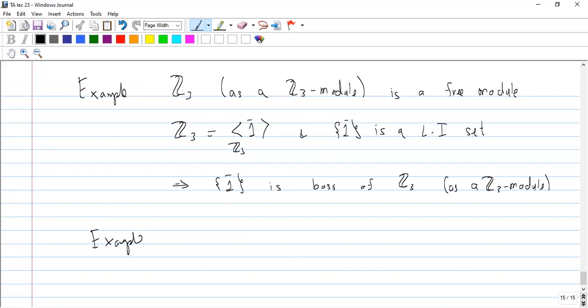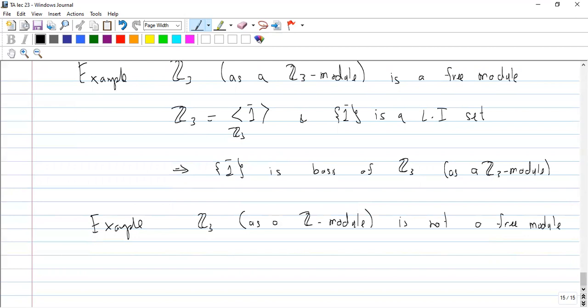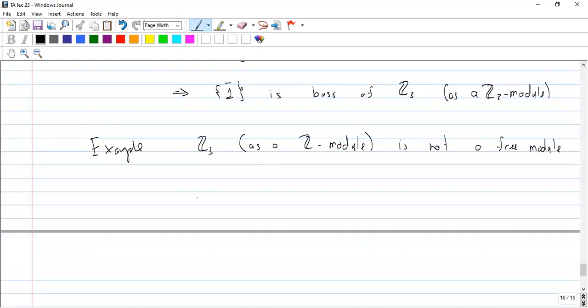But Z3 as a Z module, as we already saw, is not a free module, which I defined earlier, because whenever I take any generating set of Z3 as a Z module and multiply it by n, what will the answer be? It becomes 0, where n is not equal to 0.